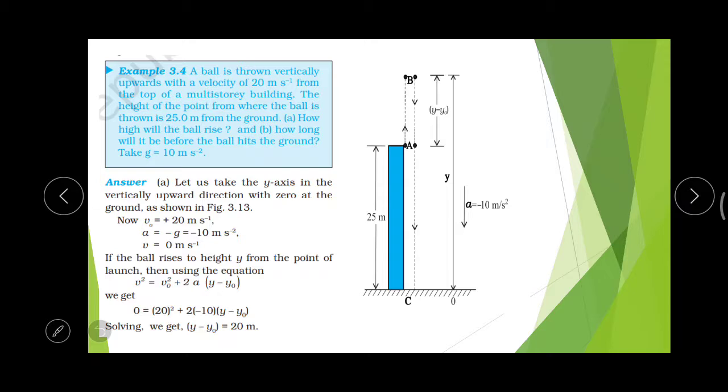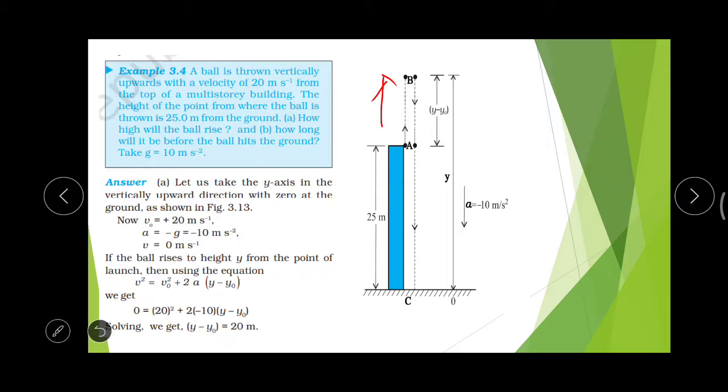Okay, so a person is standing on the top of a multi-story building of 25 meter height. He is throwing a ball upward with a velocity of 20 meters per second. You know that if you are throwing a ball upward, after a particular time its velocity is decreasing.